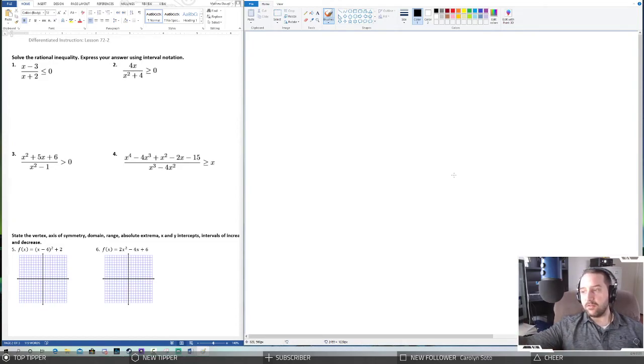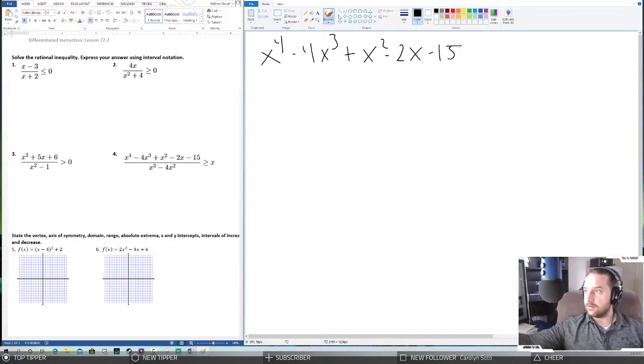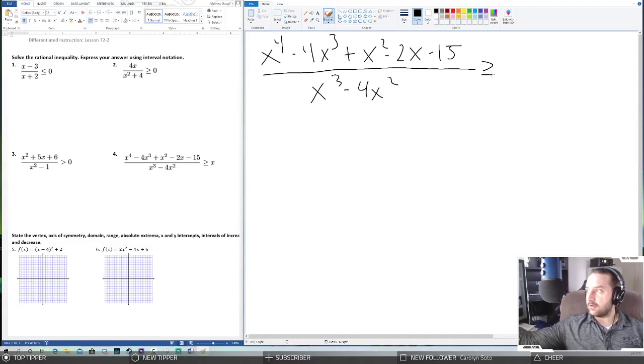The way we do that is by bringing everything to one side and then finding the common denominator. So let's look at this one. We have x to the 4th minus 4x to the 3rd plus x squared minus 2x minus 15 over x cubed minus 4x squared is greater than or equal to x.